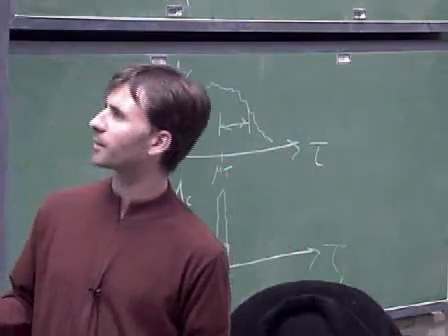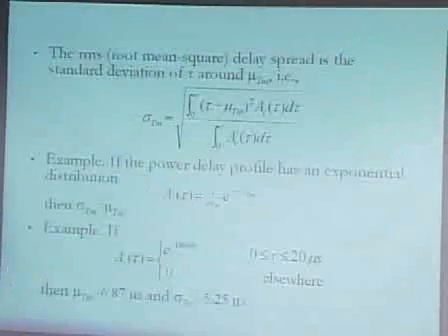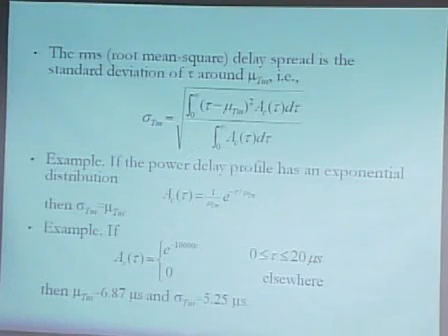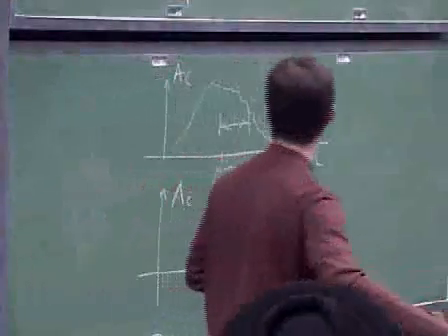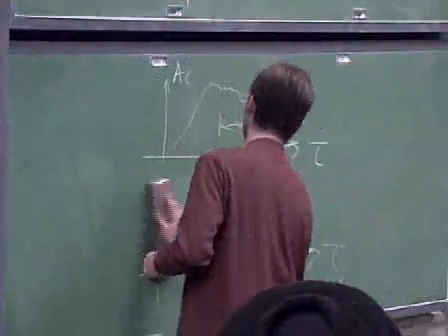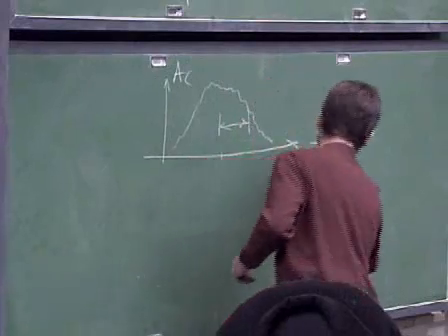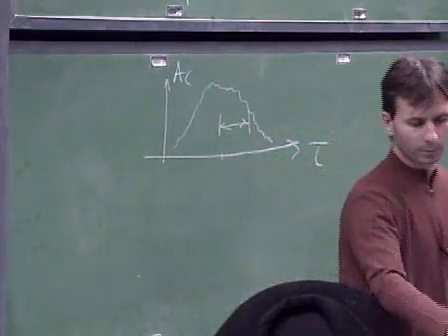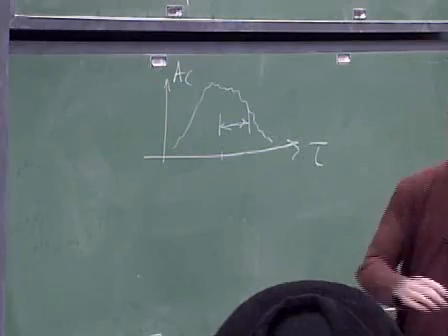So let's go through a couple of examples. Let's say that the power delay profile has an exponential distribution, just this formula over here. This is a model that is used very, very often because it's very simple.